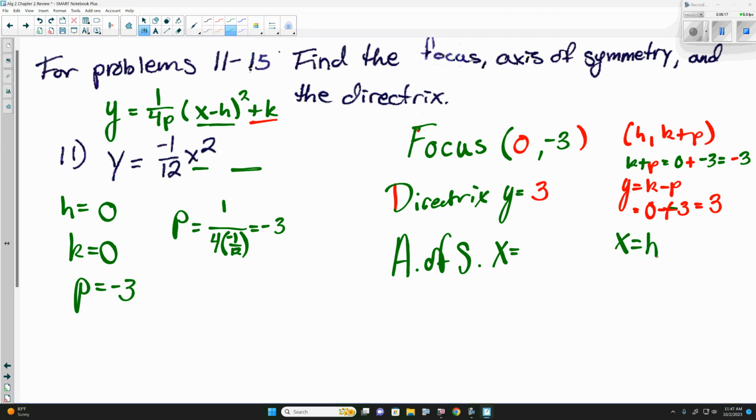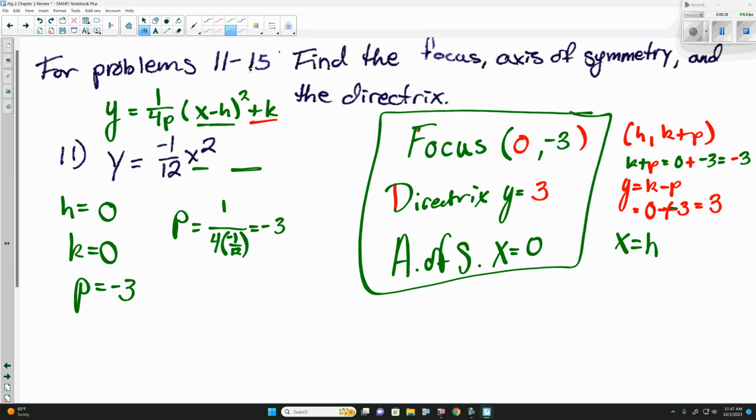And the last piece of information we need for this here is the axis of symmetry. And for these here, the axis of symmetry is x equals h. Well, our h value is 0, so x equals 0. Questions on any of this here?